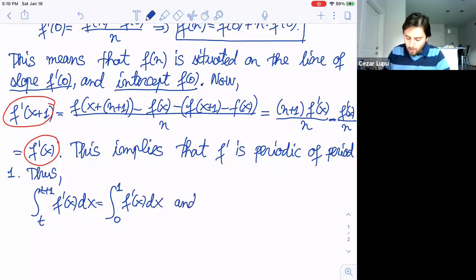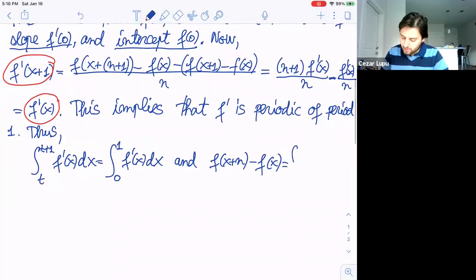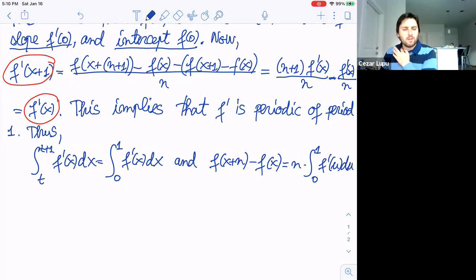And also, we know that f of x plus n minus f of x is nothing else than just the integral, this would be n times the integral from 0 to 1 of f prime of u du. Anyway, this is clear using the fact that this is periodic, and we also use the fundamental theorem of calculus.